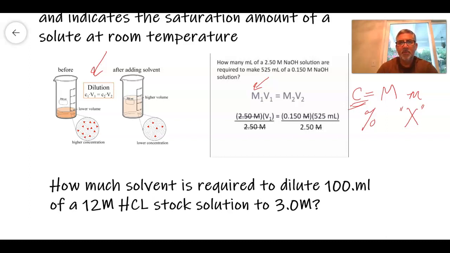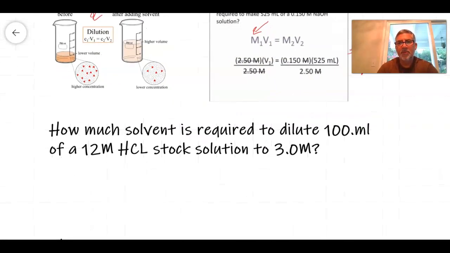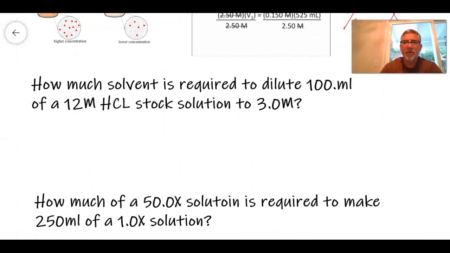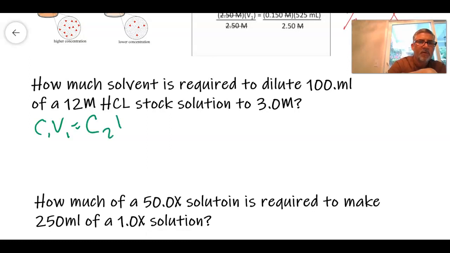So I'll show you some easy problems, and a couple of different ways of doing things. How much solvent is required to dilute 100 milliliters of 12 molar stock HCl to 3 molar? Remember, our formula is C1 V1 is equal to C2 V2.